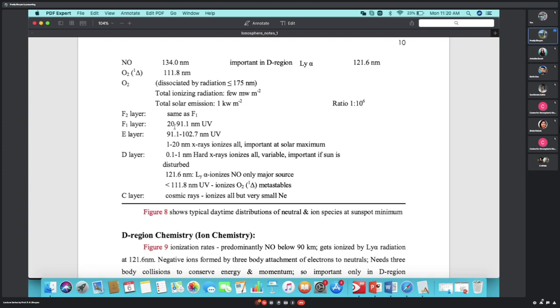Okay, now the E layer comes down. In the E layer, you have radiations which are more than 911 angstrom, and it goes to 1027 angstrom. Same ultraviolet range.